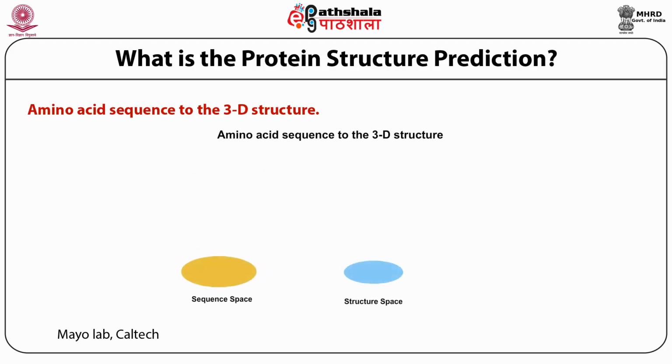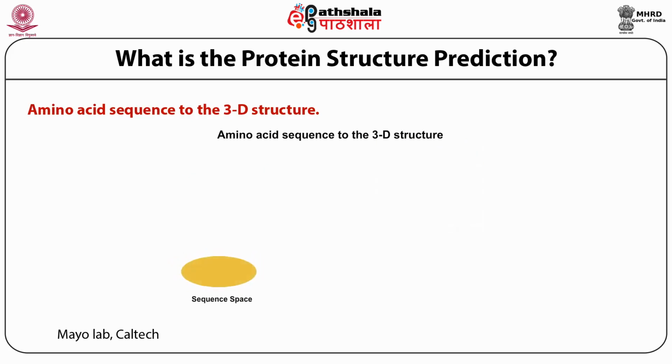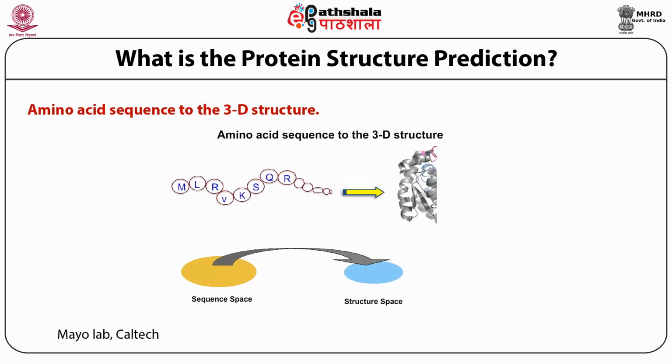Whenever you have a protein sequence, sometimes it is not possible to crystallize it and see the three-dimensional structure. In that case, you take the protein sequence, do the computational calculations and predict the 3D structure. So you are going from sequence-based to structure-based. This is called protein structure prediction or protein modeling.